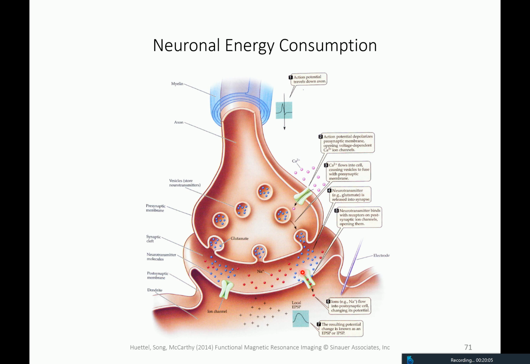This needs to also be recycled, so this again requires energy, and maintaining the whole thing. So the synaptic activity definitely also requires a lot of activity in terms of setting up the whole process and also maintaining that it works.